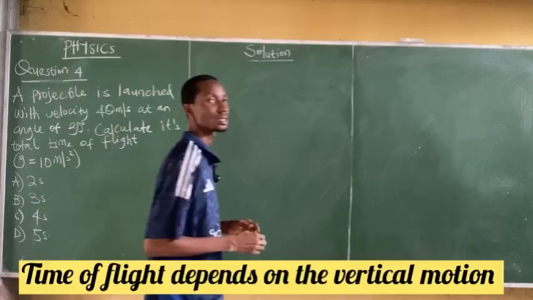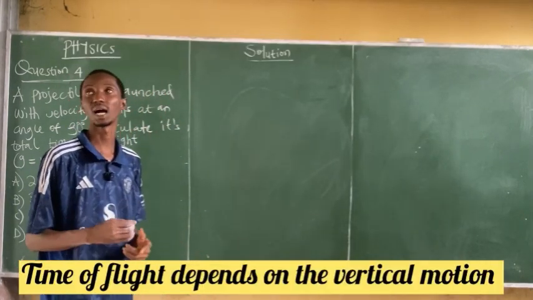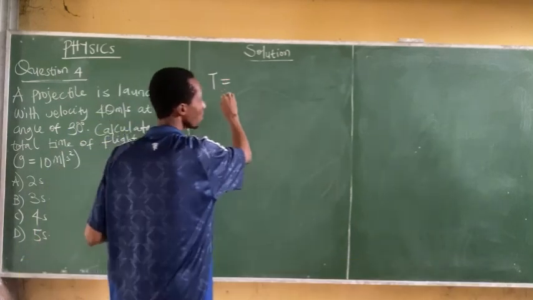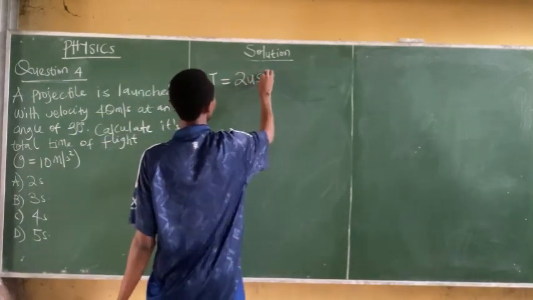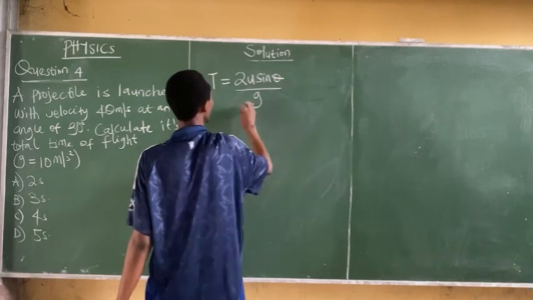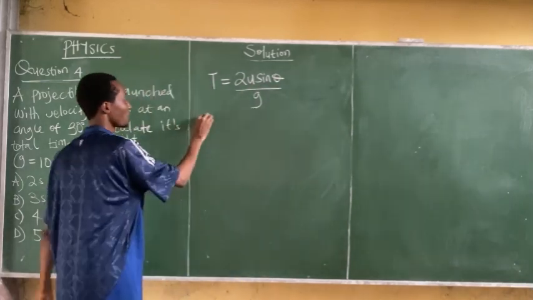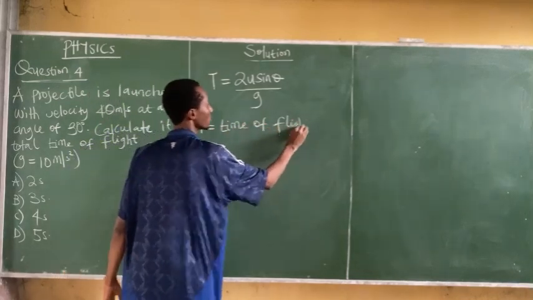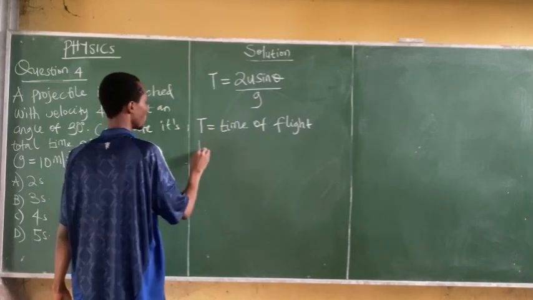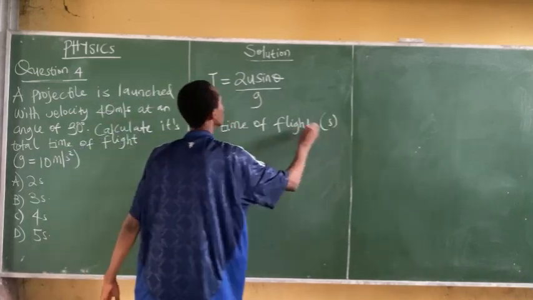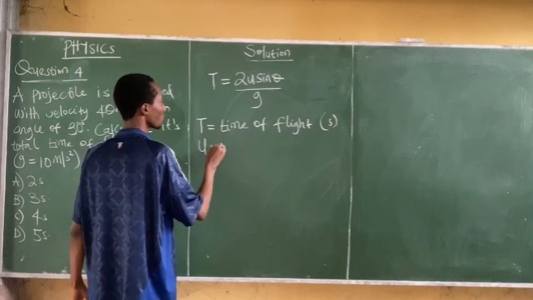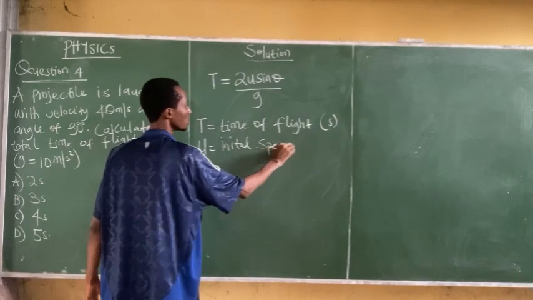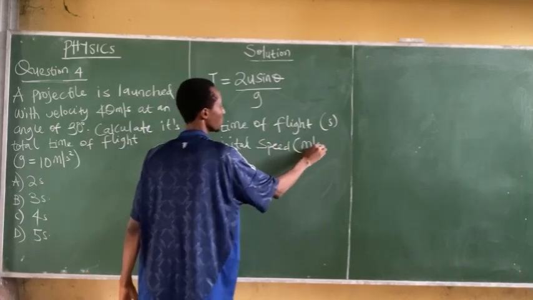Now, time of flight depends on the vertical direction, and it is given by the formula T is equal to 2u sine theta over g, where T here stands for time of flight, in seconds. U here stands for initial speed in meters per second.